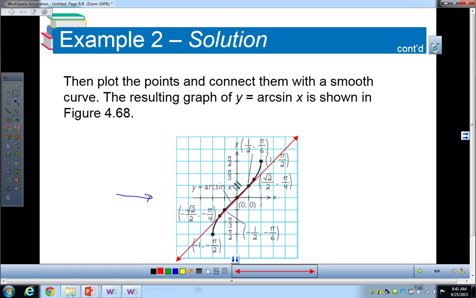This is kind of weird because the scale on these axes is way different than the scale on this axis. Here I have -1 up to 1, and here I have pi's and stuff. So it won't reflect nicely over this line, but if you made the scales the same, it would reflect nicely over that line.